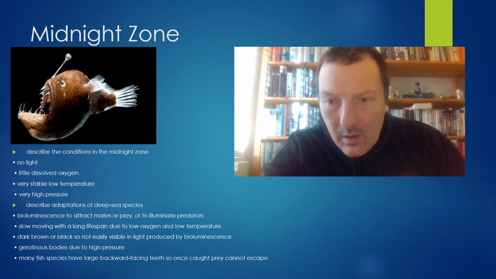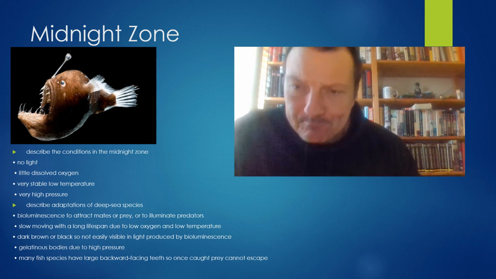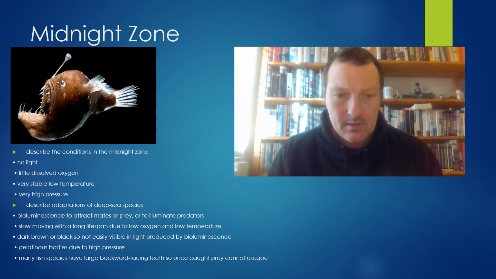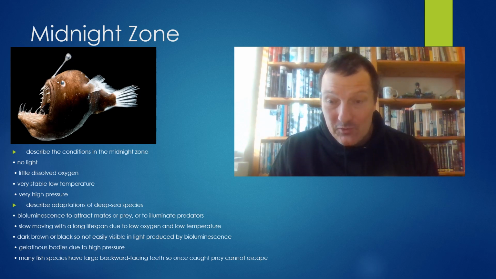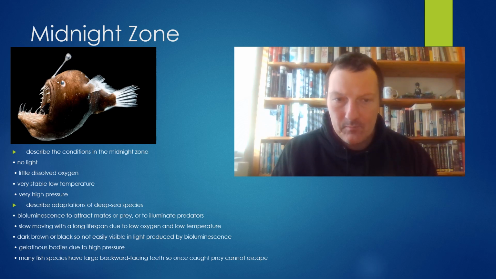When we get below about 1,000 meters, we exit the twilight zone and enter the midnight zone. And by this time, there is no light left. Dissolved oxygen is low, temperature is stable and low, and pressure is very, very high. It also means that any animal who lives here needs to adapt to this.